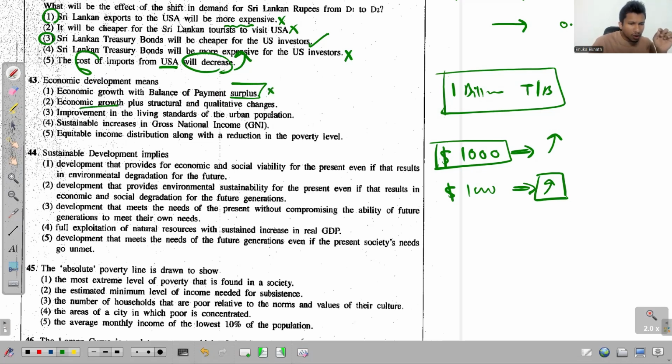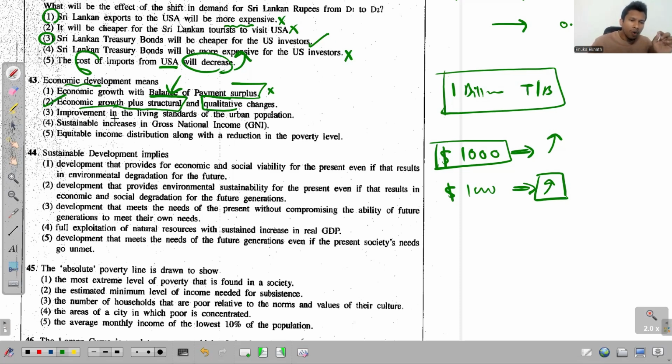Second one, economic growth plus structural and qualitative changes. This part is related to the quantitative changes, and this part is with regard to qualitative changes. And if both happen, yes, we say that the economy gets developed. So that's the answer for this question 43.